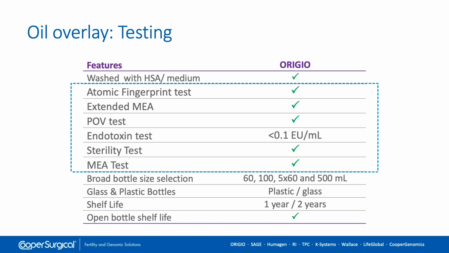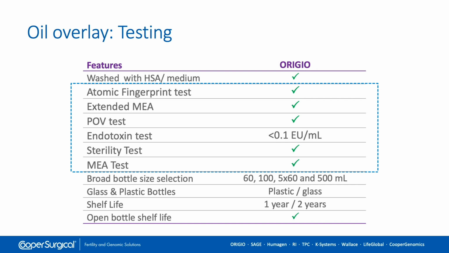Of course, we know in the past there have been problems with oil toxicity, and this of course is something we need to avoid. So we need to use oil that's tested to the highest possible standards to give us the least risk of having an impact on our embryos.